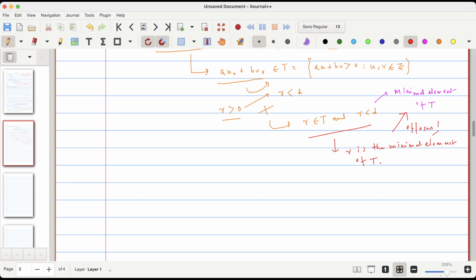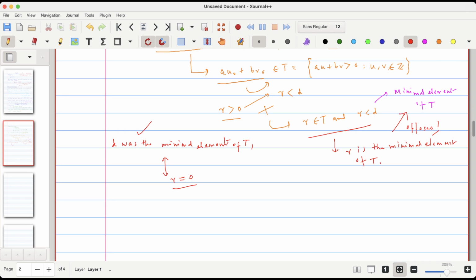Understood? So our base assumption that D was the minimal element of T, if this is true, then R must be equal to 0.